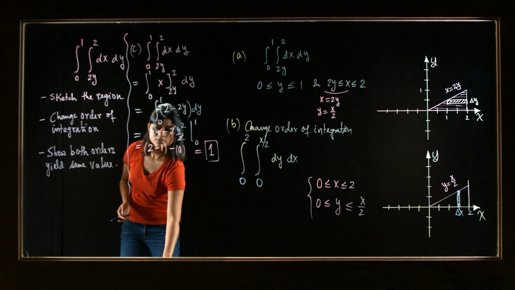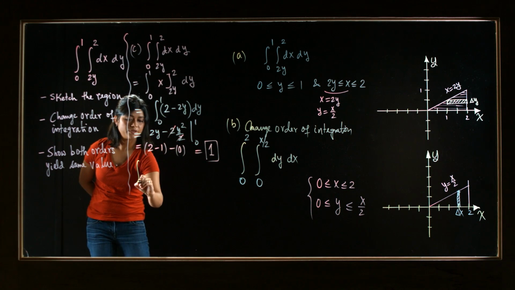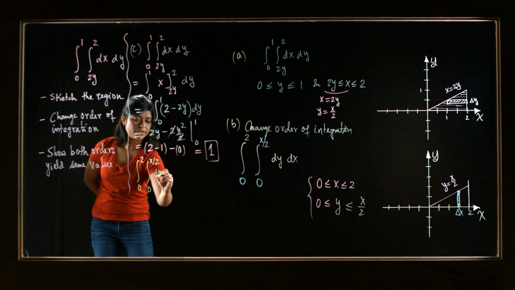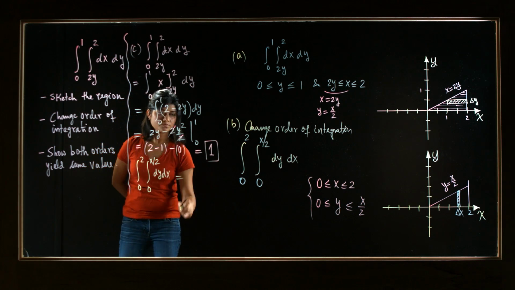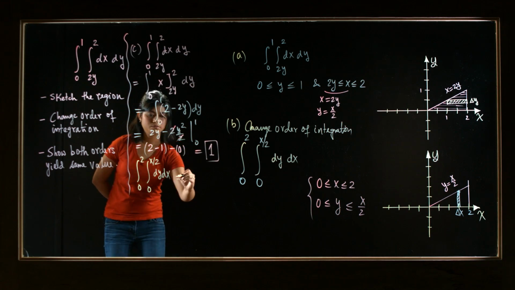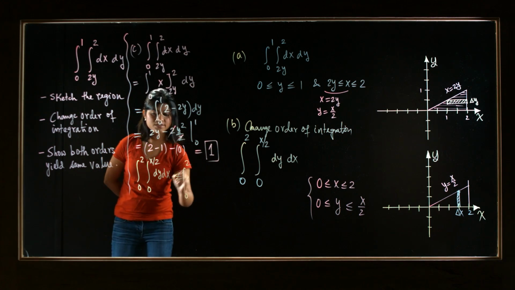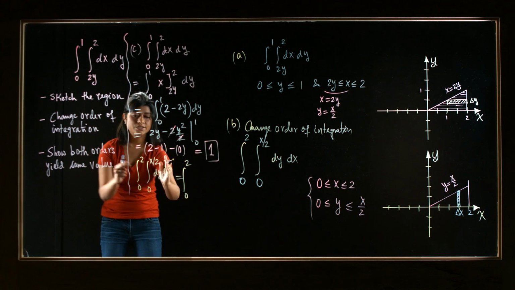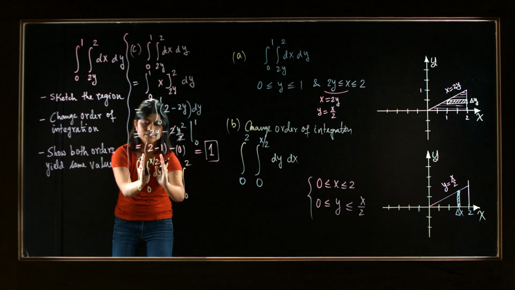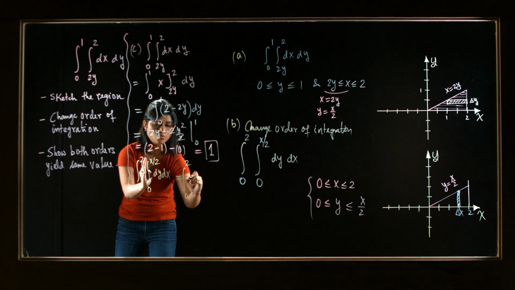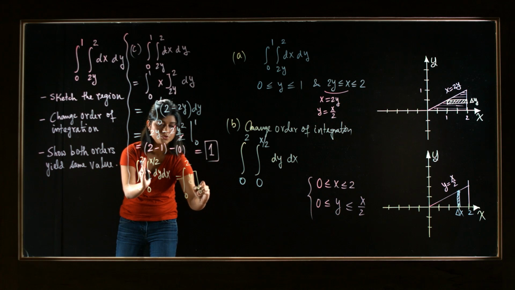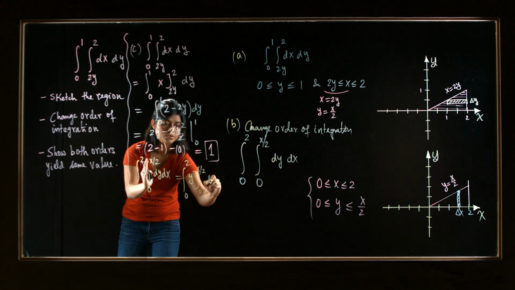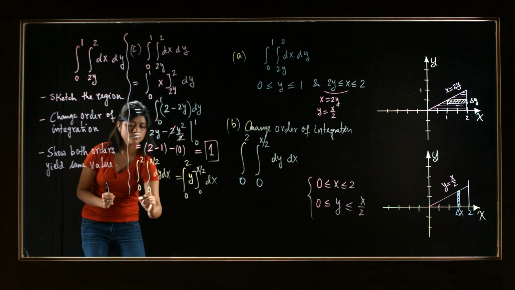What if we have now 0 to 2, 0 to x over 2, dy dx. Keep 0 to 2 as it is. Now, the inside integral, ignore the dx. Integral of dy is just y, and you evaluate from 0 to x over 2. Keep the dx as it is.